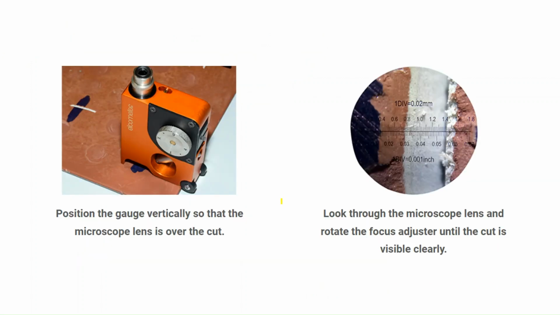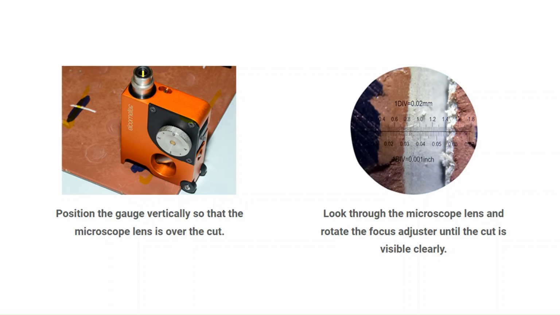I'll show the photograph. See, this is the paint inspector's gauge, right? Here you can see the black line is the reference line. A reference line has been drawn, and this white is the cut. So you have done the cutting. How do you do the cutting? There will be one blade at the bottom of the gauge, and through that blade you will do the cut.